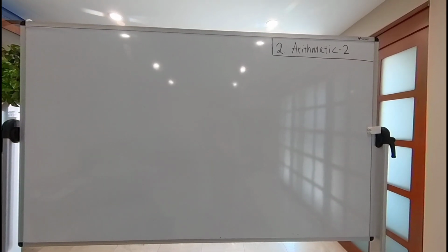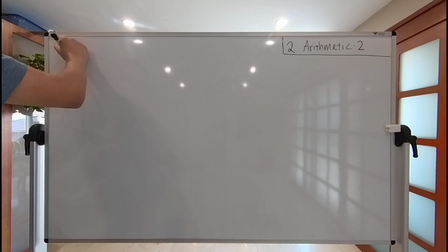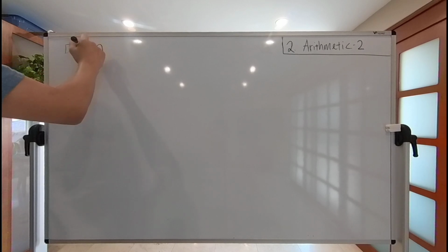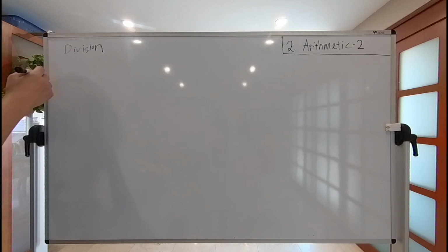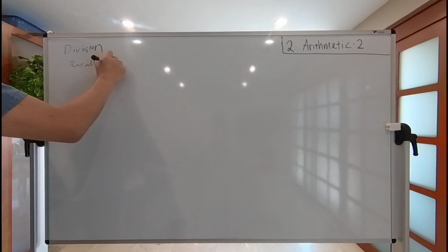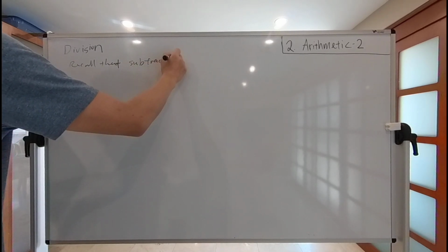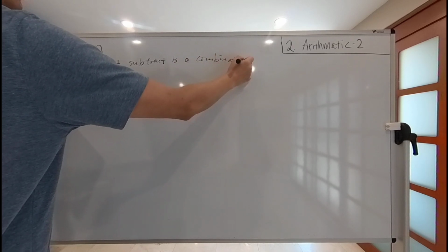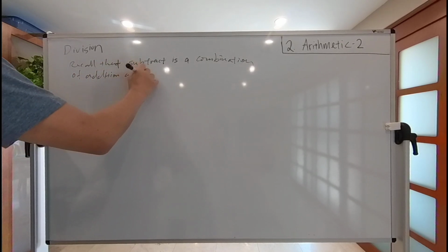Okay, now let's take a look at division. So again, before we really look into division, let's recall that subtraction can be considered as a combination of addition and negation.